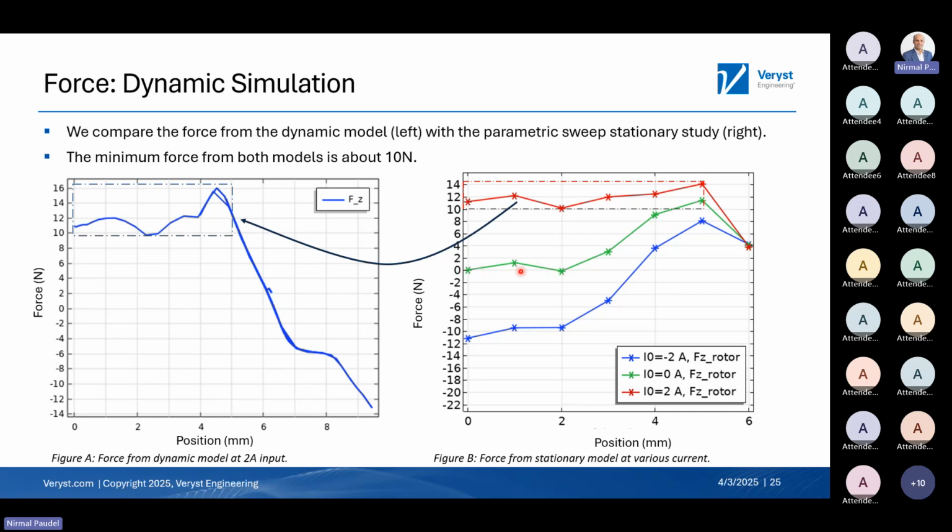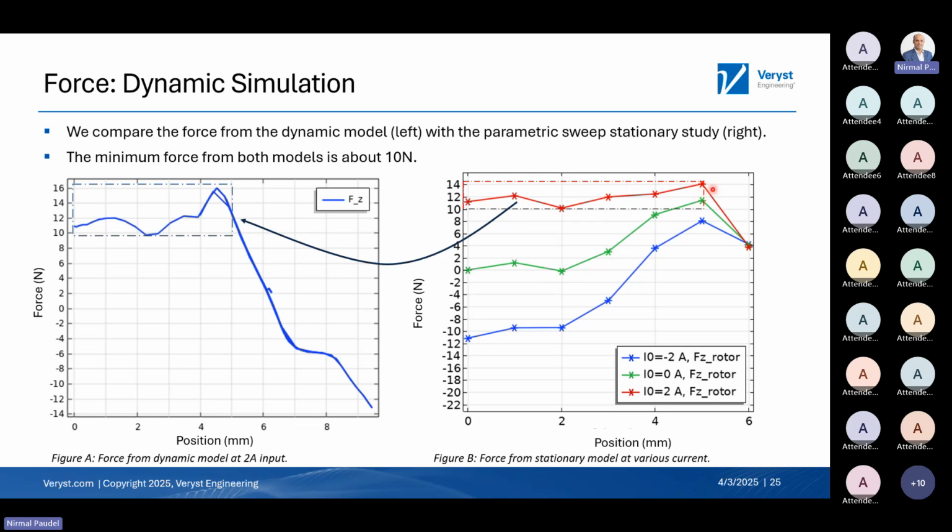Once it starts moving, you will see some force from the magnet only. So the design idea here is that the magnet will have a sufficient hold force when it's at the extreme of the stroke, but a minimum force when it's sitting at the initial position. From the initial position, from 0, you're generating 10 Newton force by the coil, or negative 10 Newton. It's symmetric, so it can go either way.